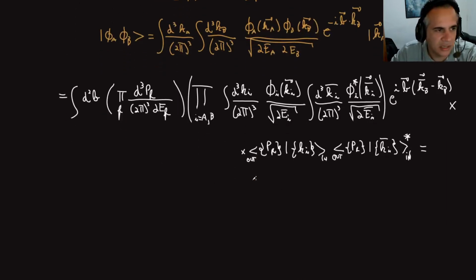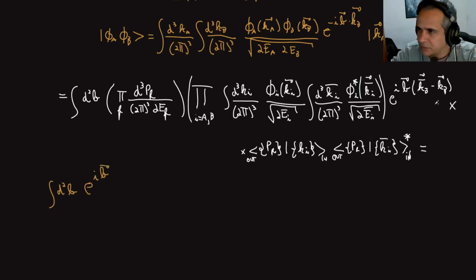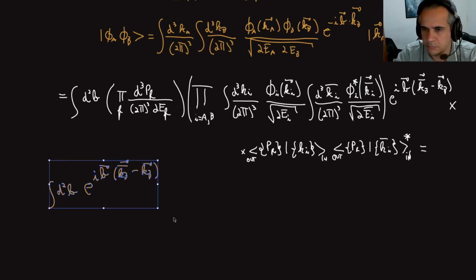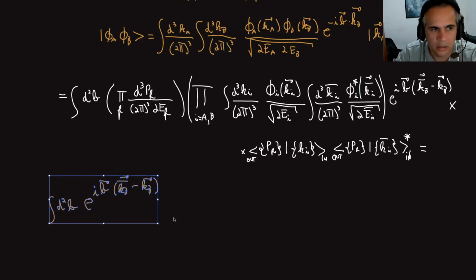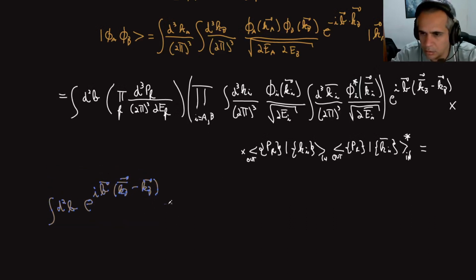That means that I can write the integral over d2b of the exponential of i b times (kb bar minus kb), right?